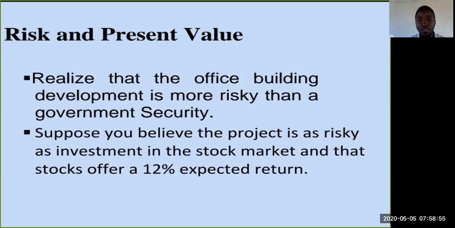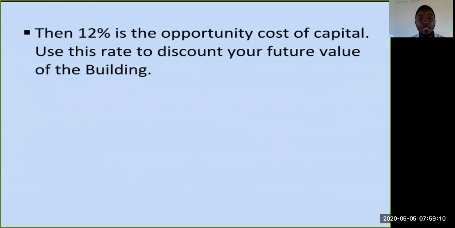Suppose you believe the project is as risky as investing in the stock market and that stocks offer a 12% expected return. Then 12% is the opportunity cost of capital. Use this rate to discount your future value of the building.